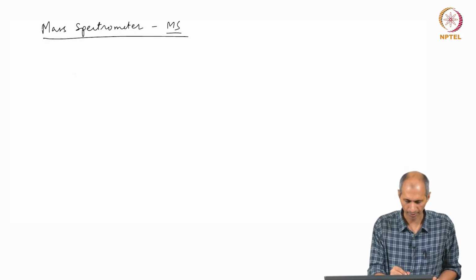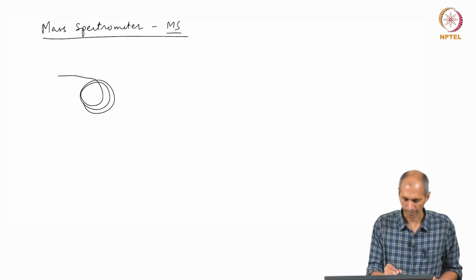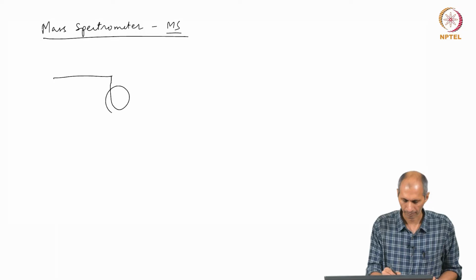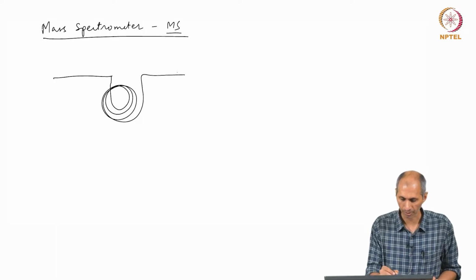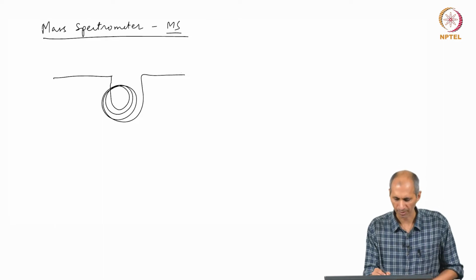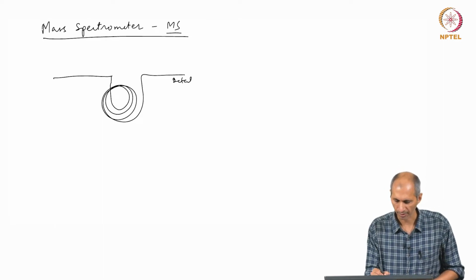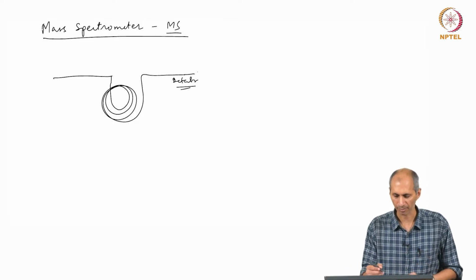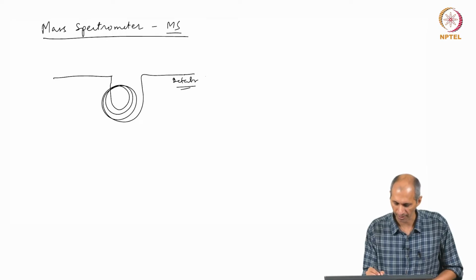In the regular GC we see that this is a GC column, it goes out and you have the FID or something that comes here. So, the detector is here. The mass spectrometer is a big detector, it is not a small device like the FID or TCD.